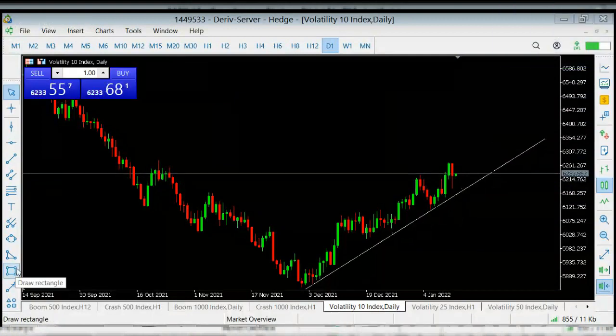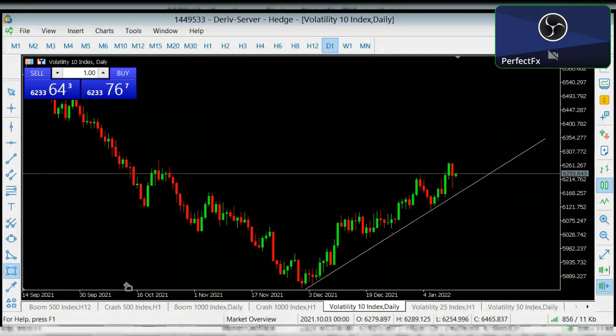And if you are familiar with market structure, you get to understand that this is a low of the day. It's also one of the low points of the day. This is a low of the day.